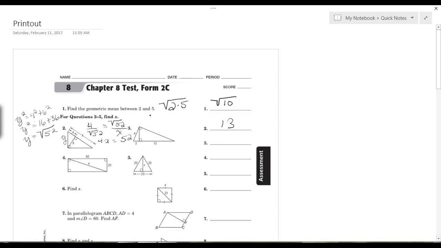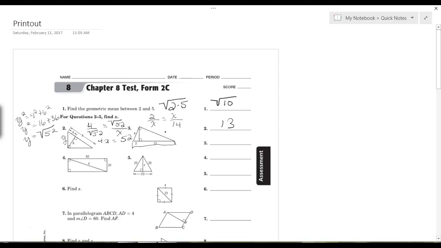So I'm going to put the short side of my short triangle, which is 2, over the short side of my large triangle, which is x. I'm going to set that against the hypotenuse of both triangles. The hypotenuse of my small triangle is x. And the hypotenuse of my long triangle is this whole side here. So it's 2 plus 12. So it's going to be 14.